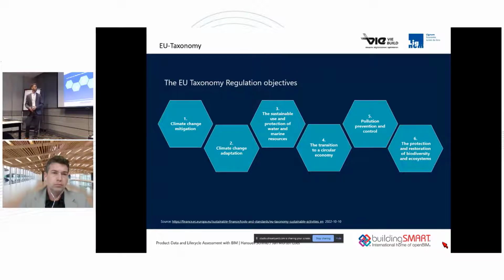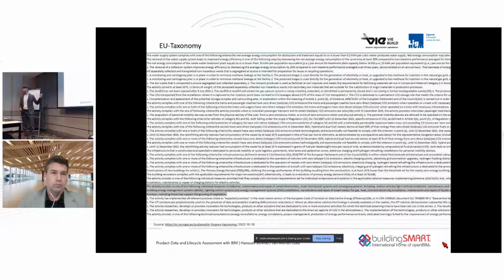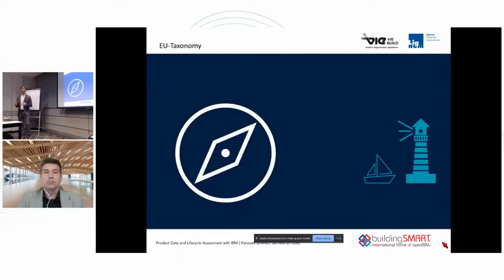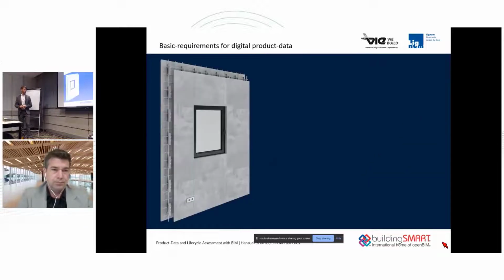Fortunately, the European Union has provided us with a compass, but unfortunately, it looks like this. It's pretty hard. In my opinion, it should look more like this to reach our goals. So this is something that we need to keep in mind, that we need to make it easier for our customers. We need to make it handleable to provide this data.